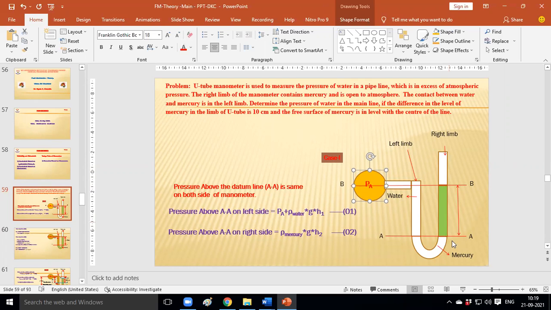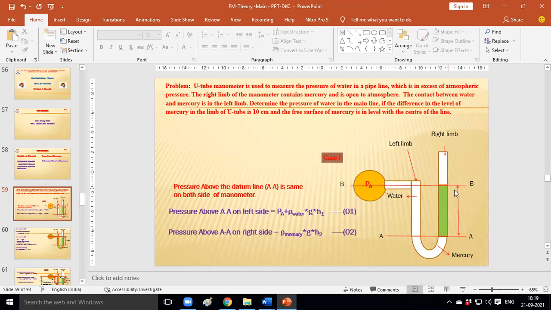This is the level of mercury in the right limb. And this height is the level difference. Again, there is mercury in the left limb, but up to which height level of mercury in the left limb?